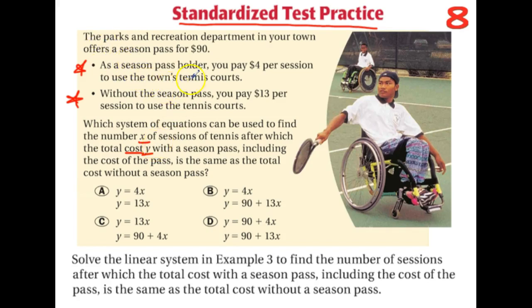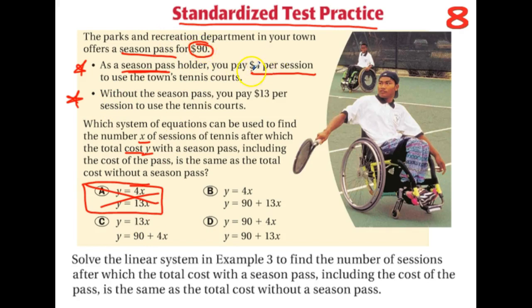So as a season pass holder, you pay $4 per session. You only pay this $90 if you have the season pass. So if you have that season pass, you're paying $90 plus $4 per session. So this one doesn't even have that $90 factored in anywhere, so we know it can't be that one.